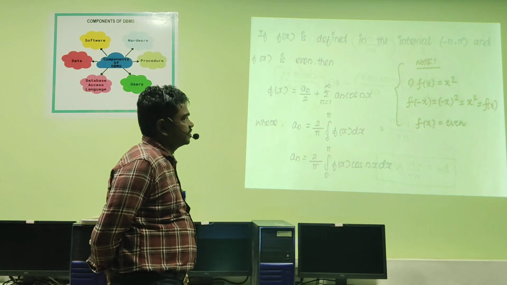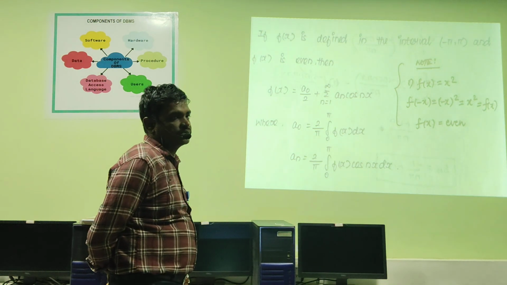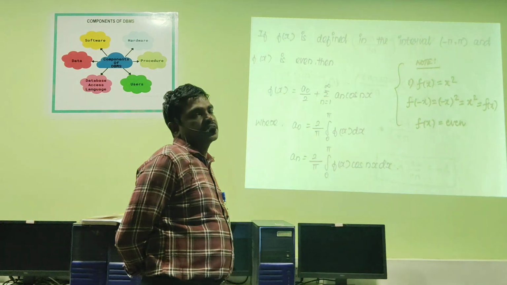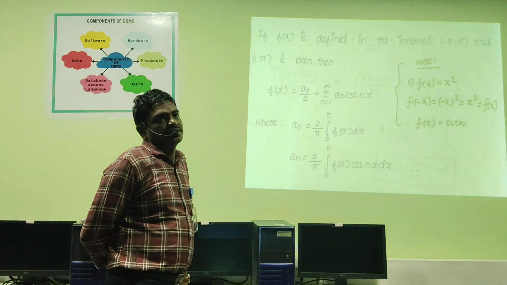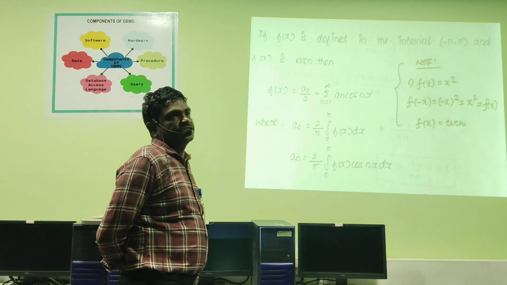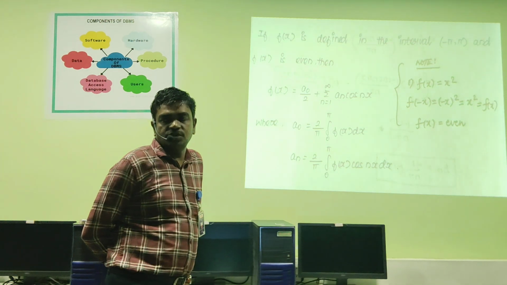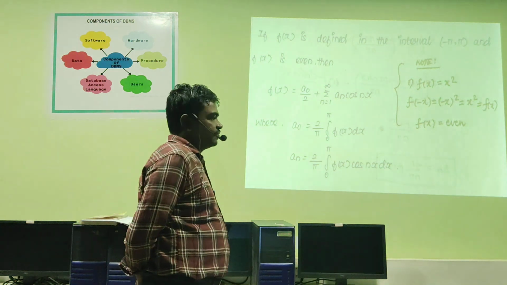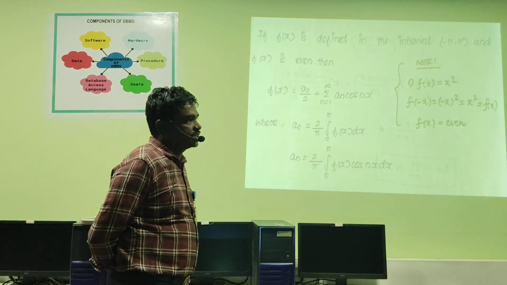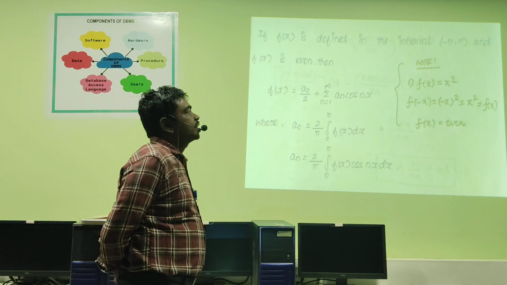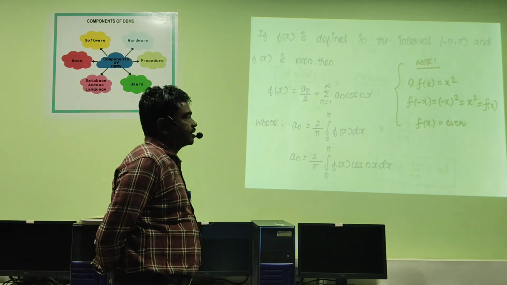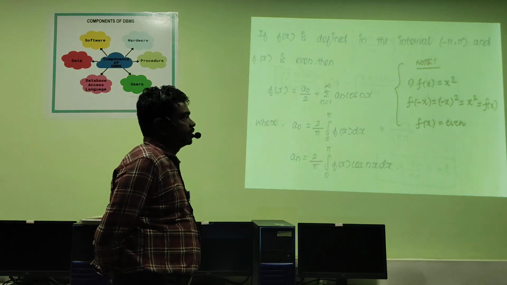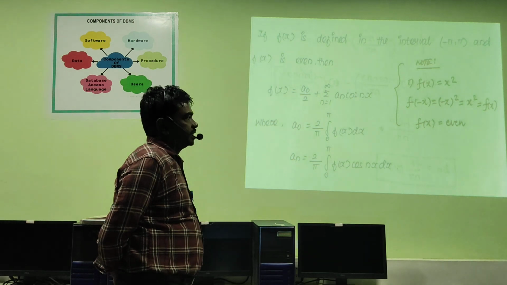First you should know the even function. By definition, a function f of x is said to be even if f of minus x equal to f of x. Here, note the example f of x equal to x square. We can find f of minus x.